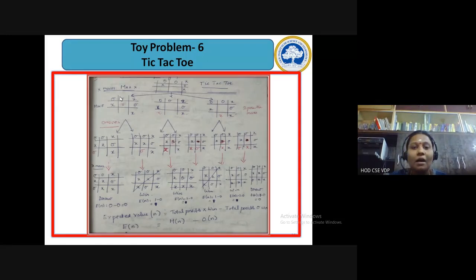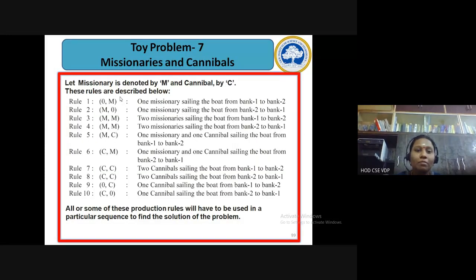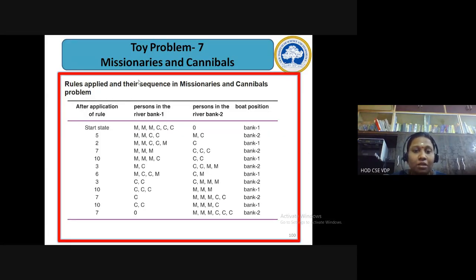And then moving on to the next problem. This is also a very famous problem, which we call missionaries and cannibals. What are missionaries and cannibals? You'll be given a different set of states. Probably you have 3 missionaries and 3 cannibals, and you have to move all of them from one river bank to the other bank.